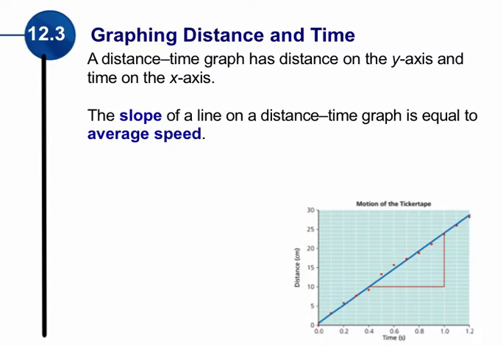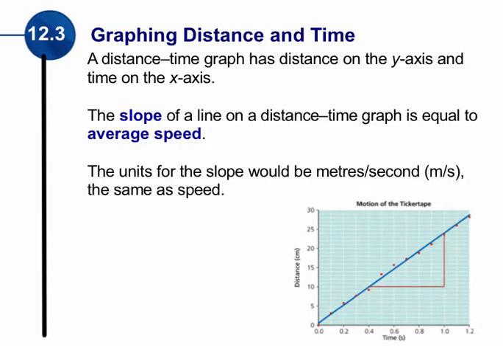And we looked at calculating slope earlier. If we take 2 points on the graph, like these 2 points, and we calculate the slope, the rise, and the run, we can find the average speed. Now, the units of slope would be the same as the units on the graph. And these units would be meters per second.